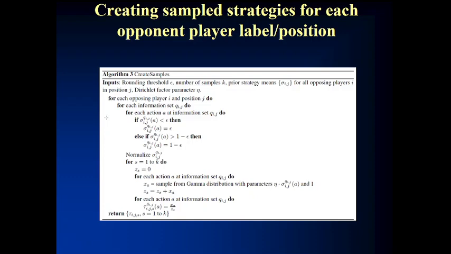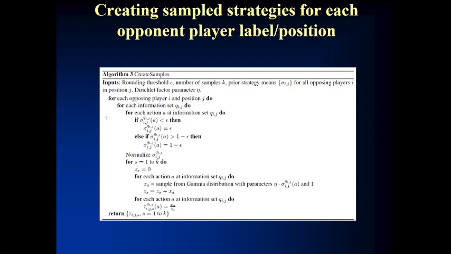And we're going to assume the prior distribution is a Dirichlet distribution with the mean at that prior I just mentioned, and the variance is going to be controlled by this parameter eta. Essentially we're going to come up with k sampled strategies from this Dirichlet distribution. Now, one challenge in the Bayesian setting is that you really don't want to have probability 0 prior on anything, because if it actually does occur, the algorithm crashes. So we're first going to take things that are less than epsilon and raise them up to epsilon.